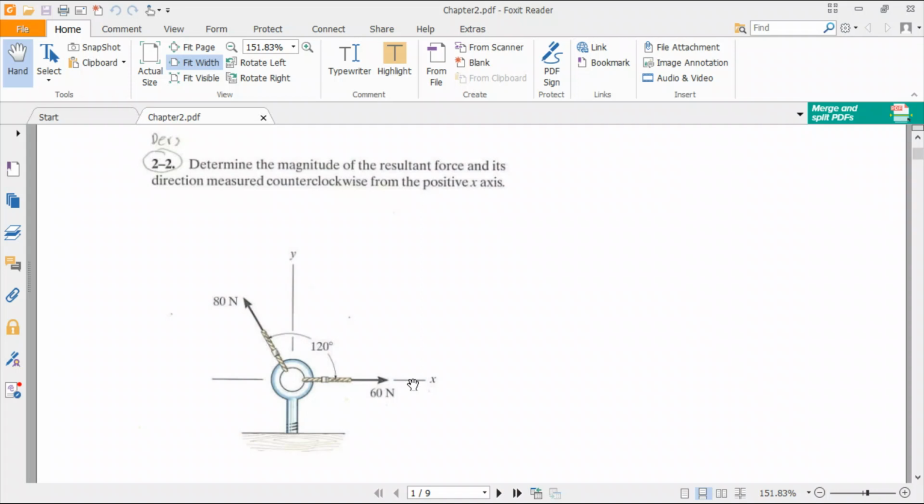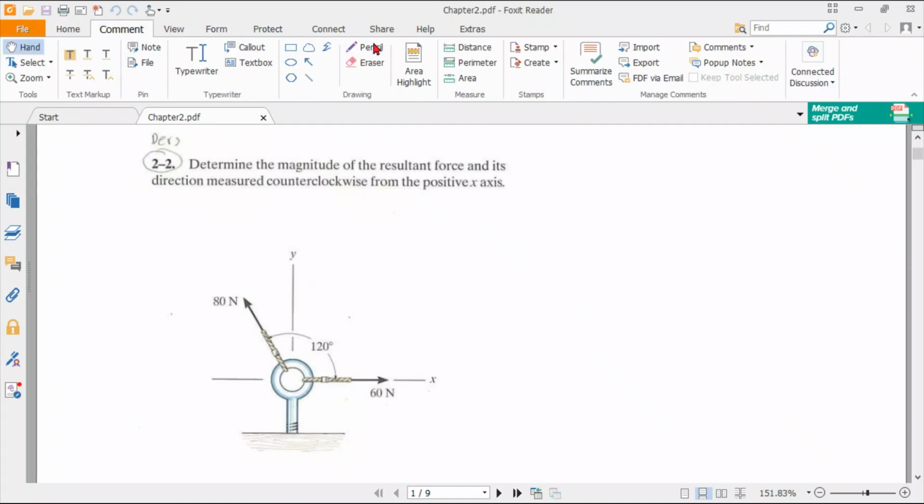Now this is our x-axis, as you see, and we have a 60 Newton force acting horizontally, and there is another force which is 80 Newtons, which makes an angle of 120 degrees with respect to the x-axis.